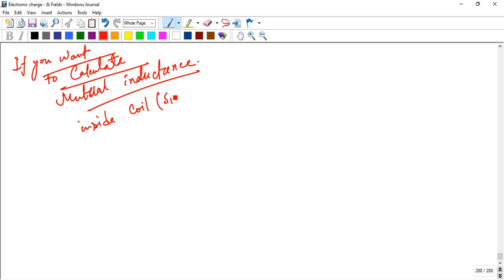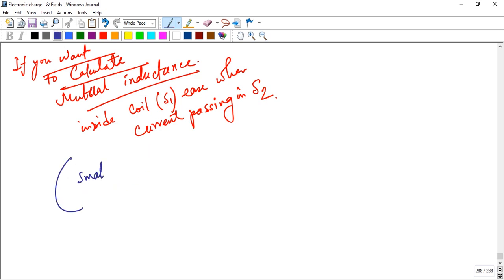Suppose S1 is easy when current passes in S2, the bigger coil, because the smaller coil is inside the outer coil. So N1 phi 1, the small coil, is immersed in a uniform magnetic field from the outer solenoid.